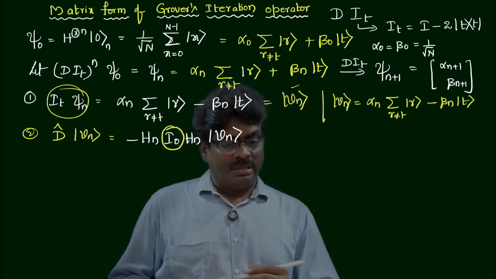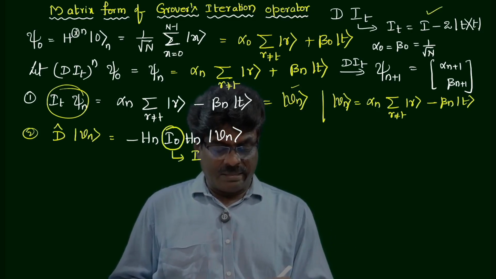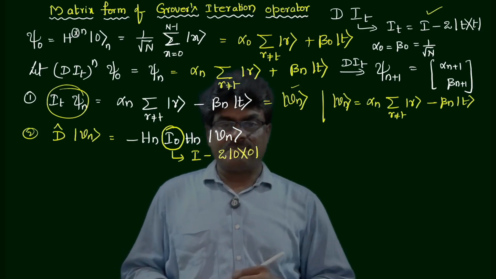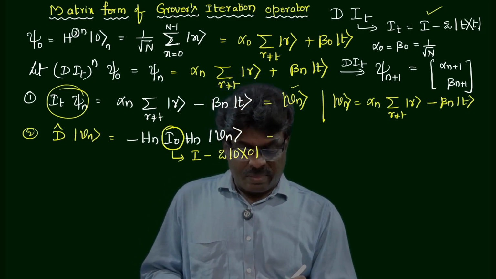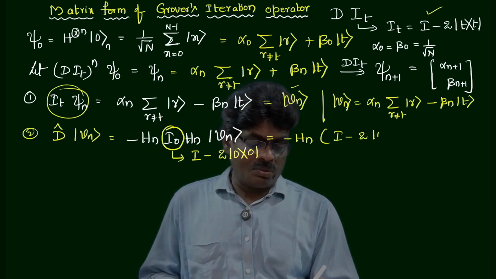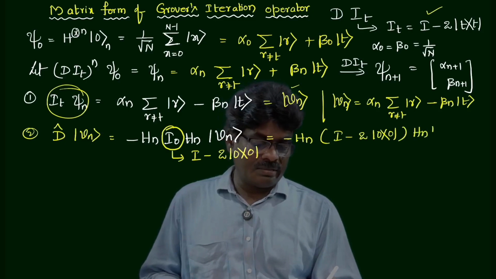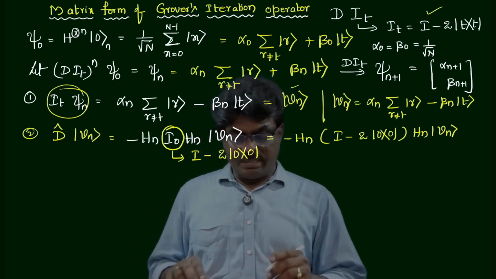What is I naught? Here we have already defined I_T. Similar to that, we can write this as I minus 2 into the outer product of 0. Okay. So if I substitute this, this is nothing but minus H n bracket I minus 2 outer product 0, H n, into V n.